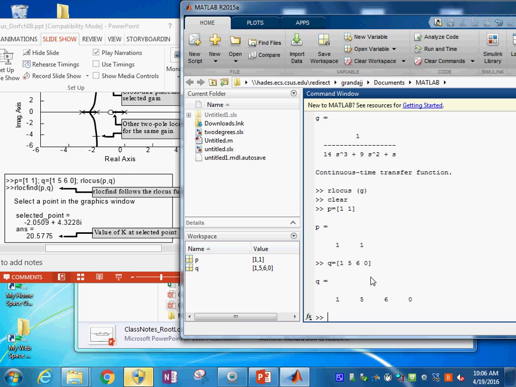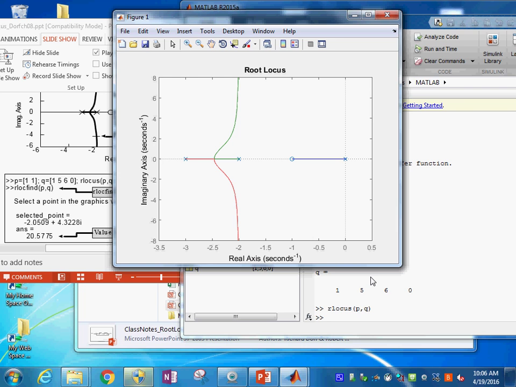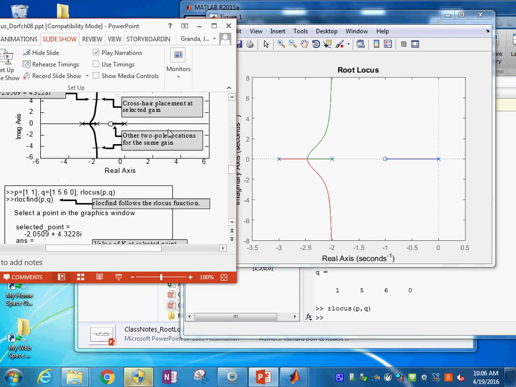And then we'll define, we want the root locus of the transfer function between P and Q. You can do this directly, and then you see it's going to give us this, which is the explanation of what you see here.